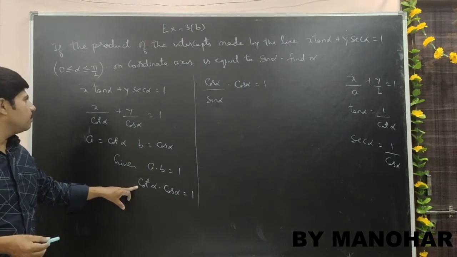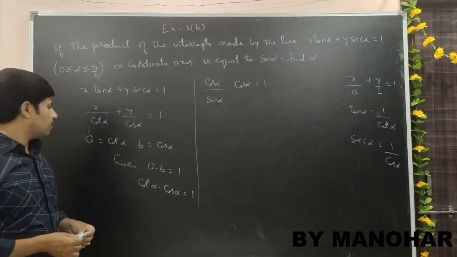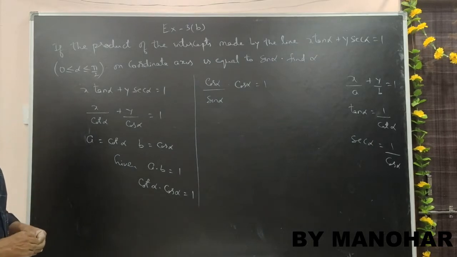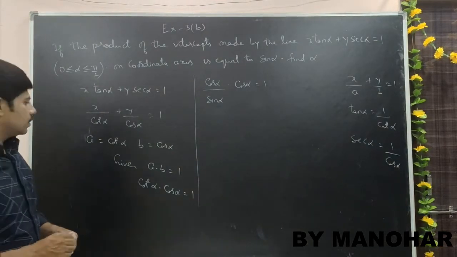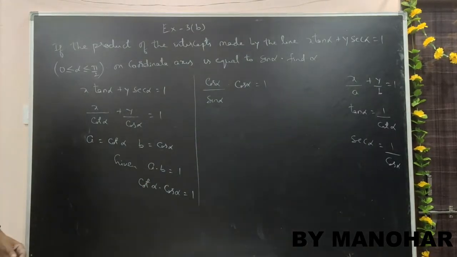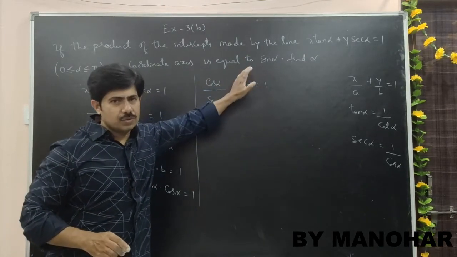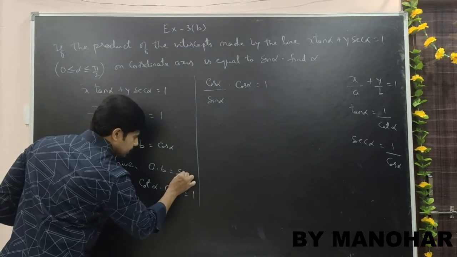And what is b value we have? It is cos alpha, right? So cos alpha into cos alpha will become cos square alpha, right? Okay, is equal to, sorry, 1 second, I'll just correct it. So given the product of intercepts is sin alpha. So by mistake I wrote 1, sorry.